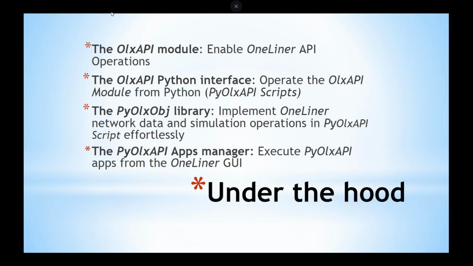So with those four items, starting with the module, which is generic and can be used for any language, next the Python interface specifically created for Python to talk to OneLiner, then the object library to make it easy to use, and lastly, there are a number of special OneLiner actions that will let your Python script talk to the case that you have open in the GUI.